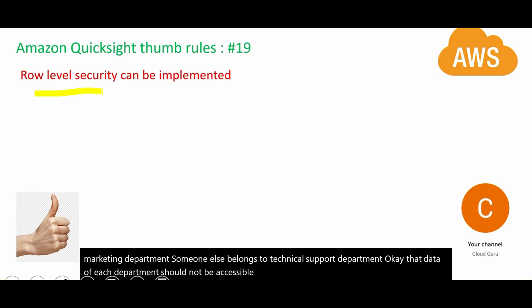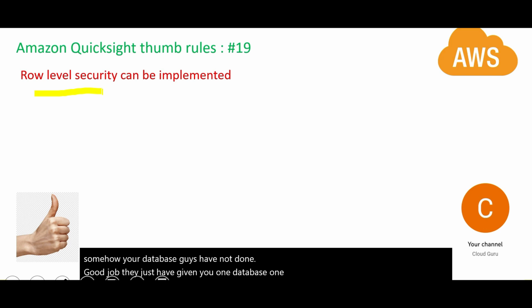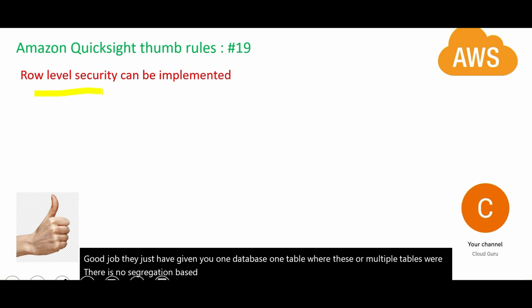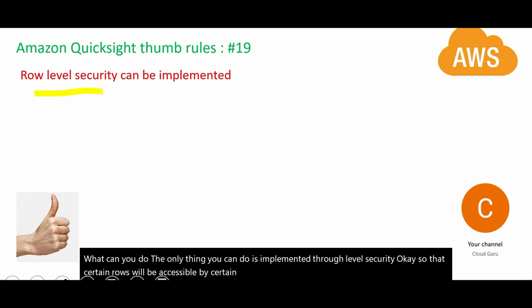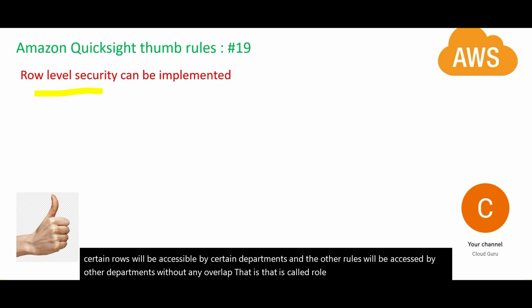If you want to implement that and somehow your database guys have not done a good job, they just gave you one database, one table, or multiple tables where there is no segregation based on the departments, what can you do? The only thing you can do is implement row level security, so that certain rows will be accessible by certain departments and the other rows will be accessible by other departments without any overlap. That is called row level security.